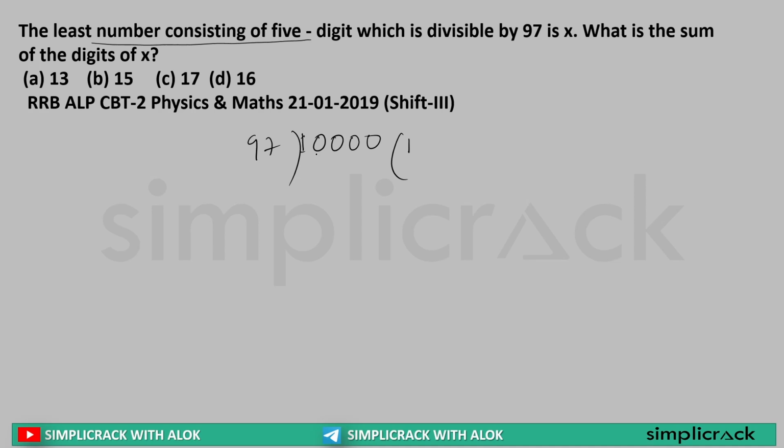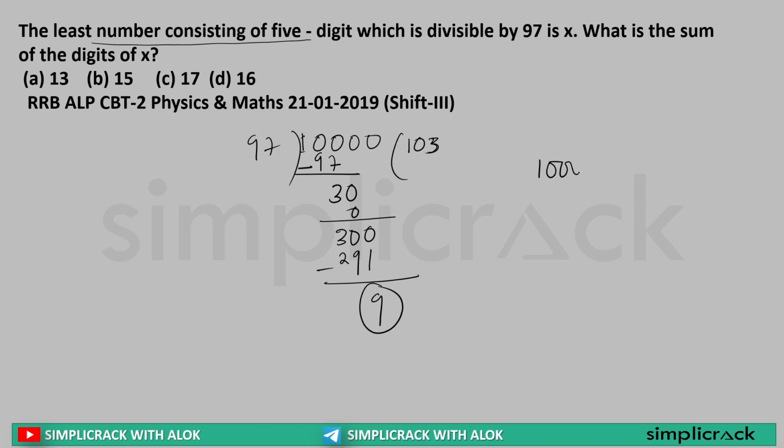Sir, 97 ones are 97. 100 minus 97 is 3. 97 zeros are 0. So this is 30. 1 zero will come down. 30. So 97 multiplied by 3: 3 sevens are 21, sorry, 1 here, 2 carried. 3 nines are 27 plus 2, 29. 300 minus 291 is equal to 9. This means what?